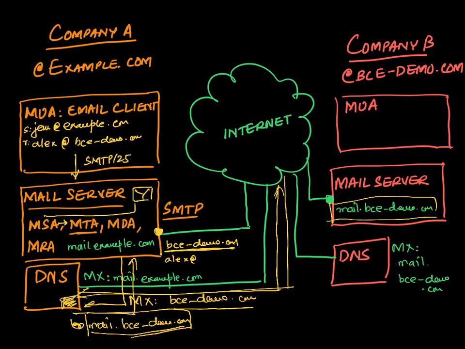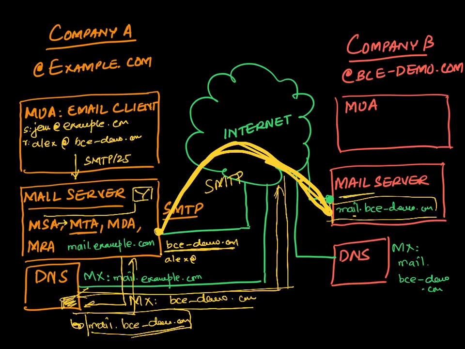Now it will establish an SMTP session. Let's draw it like this. It establishes an SMTP session. I'll write SMTP here, SMTP session. And then it delivers this message to the remote mail server, the recipient's mail server.